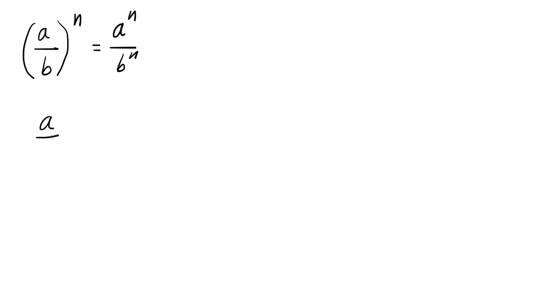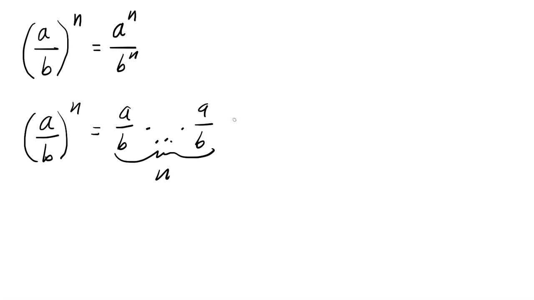Another rule we have is if you have a divided by b and then raise this to the power of n, then the rule says that this is a raised to the power of n over b raised to the power of n. And this we also can show, since this is a over b multiplied by itself n times per definition.